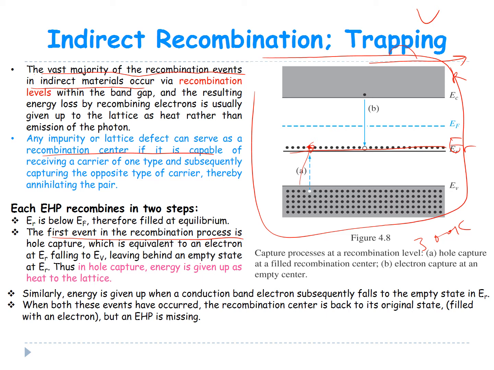So the first event in the recombination process is hole capture, which is equivalent to an electron falling from ER to EV, leaving behind an empty state at ER. Thus in hole capture, energy is given up as heat to the lattice because an electron falls down.